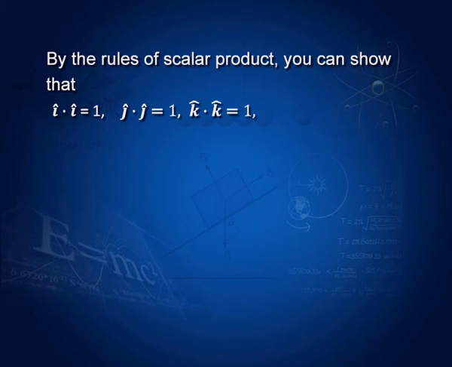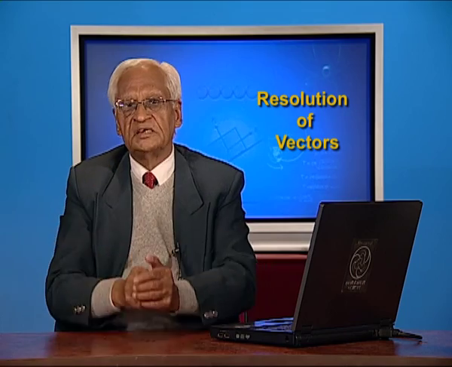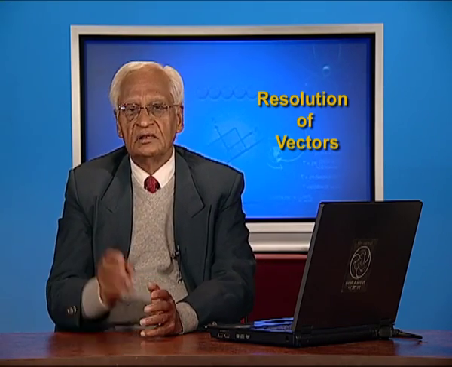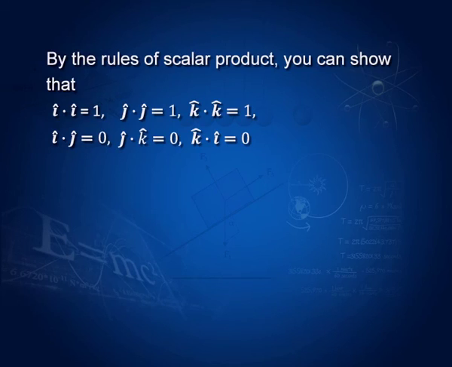On the other hand, if I take i cap dot j cap, then it is equal to 0, because the angle now between them is 90 degrees and cosine of 90 degrees is 0. Therefore, i cap dot j cap is 0, j cap dot k cap is 0, and k cap dot i cap is equal to 0.